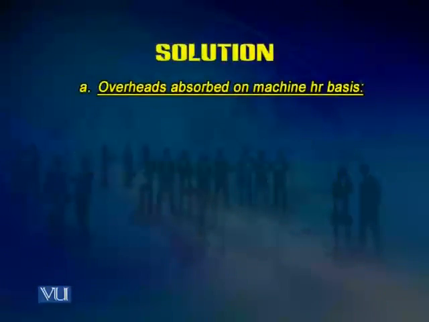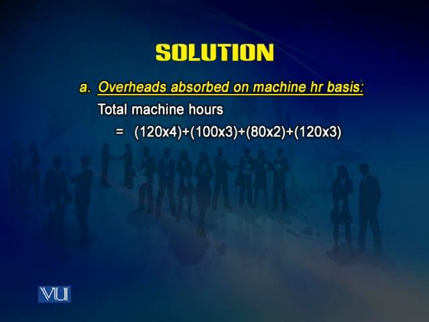Part A, overheads absorbed on machine hour basis. Total machine hours have been calculated. We were told 120 units of output will be produced for product A, and it will require 4 hours of machine time.